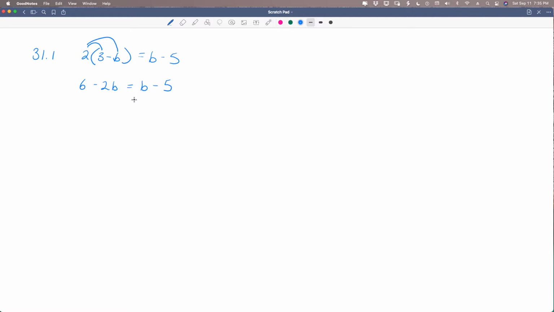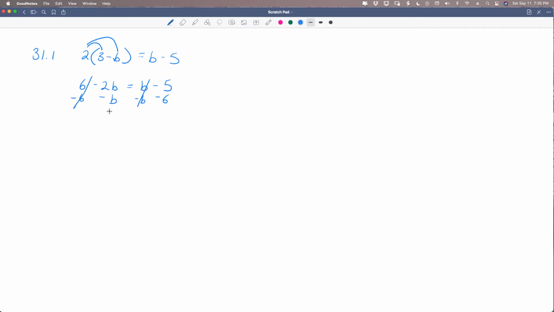Now we can swim our fish from one side to the other. Remember, whatever we did on one side, we have to do the other. So we are going to subtract 6 from both sides. Then we're going to subtract b from both sides. Okay, so these cancel. That'd be 0.